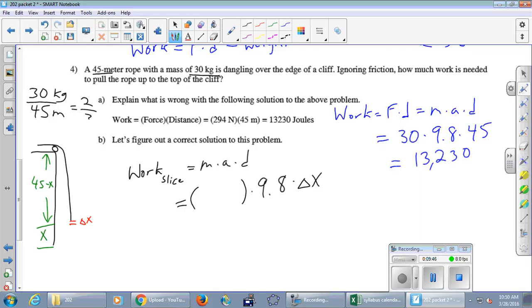It's 2/3 of a kilogram per meter. That's a density, yeah? It's 2/3 of a kilogram per meter. Super. So then the mass of the rope that's left to pull is 2/3 of a kilogram per meter times how many meters? It's 45 minus x. So 2/3 times 45 minus x.